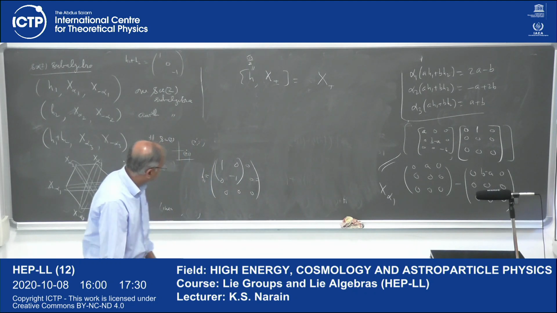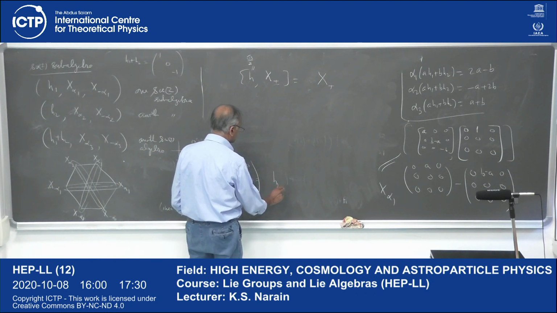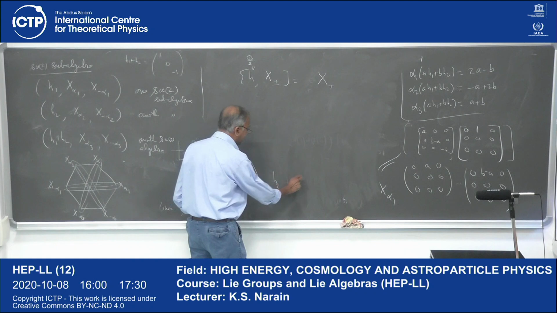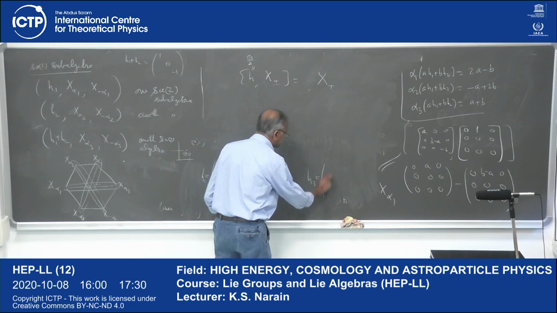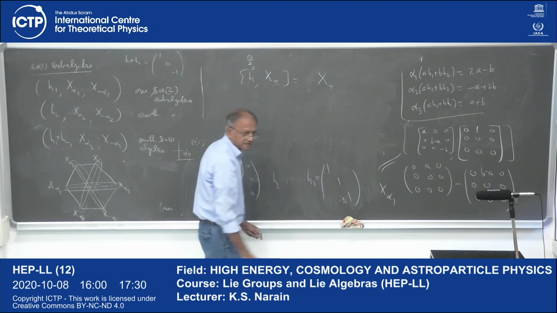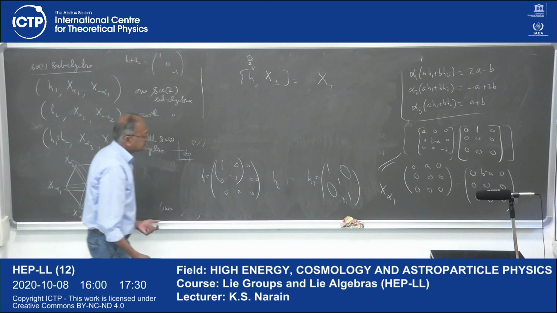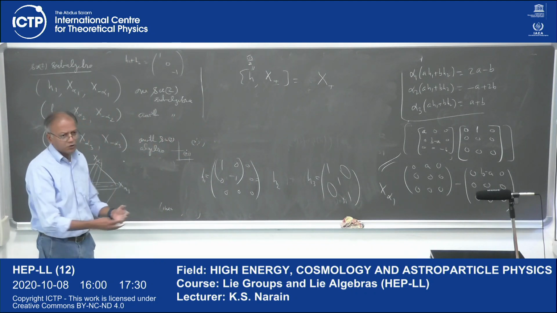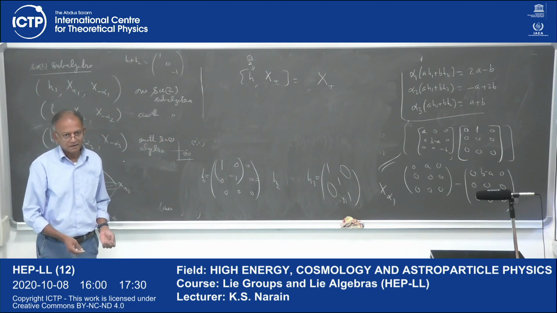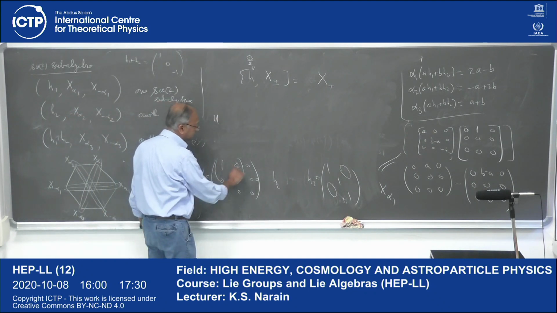If you didn't have the trace condition, then of course, to this H1 and H2 that we defined, I could also add another H3, which is simply the identity matrix, everything else 0. But this H3 is trivial because it's going to commute with everything, no? So this would be U3.